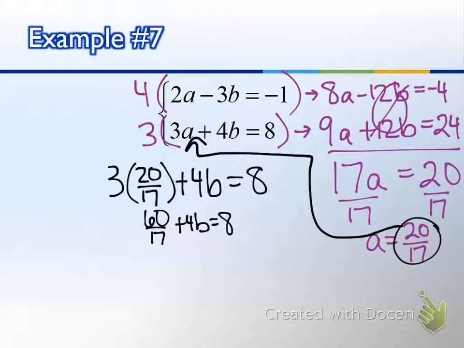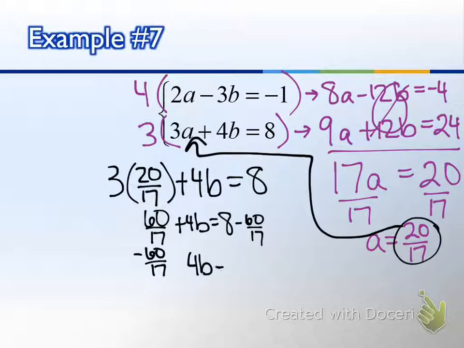Now I will concede that this is not pretty, but it's still workable, especially if we have a calculator. That's going to make our life a lot easier. So what do I have to do now? Subtract 60 over 17 from both sides.